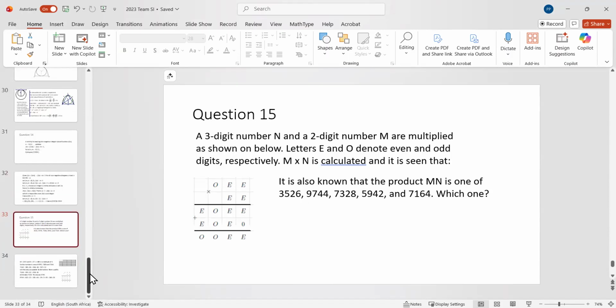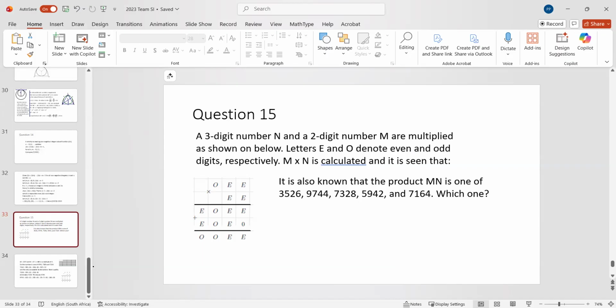Okay, now question 15. That's the last question. In this, a 3-digit number n and a 2-digit number m are multiplied as shown below. So there it is. n is a 3-digit number and m is a 2-digit number. Now this is not an alphametric. It says here that E and O are even and odd.